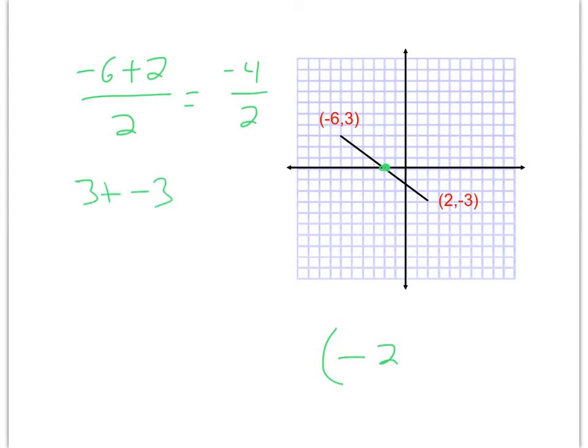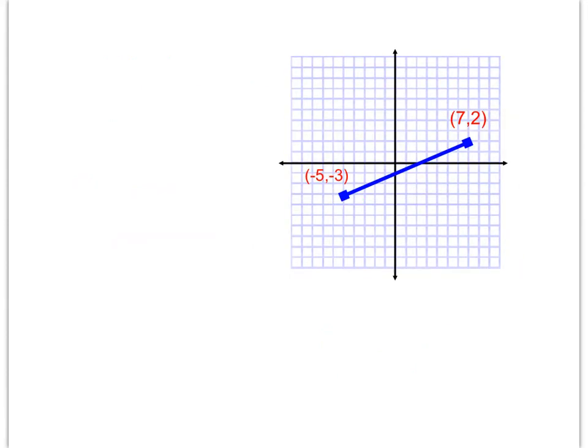Again, we can see our y's are 3 and -3. So the sum of my y's, 3 plus -3, is equal to 0, divided by 2. Well, 0 divided by 2, of course, is 0. So it looks like I have -2, comma 0, which is the ordered pair that I have right there.